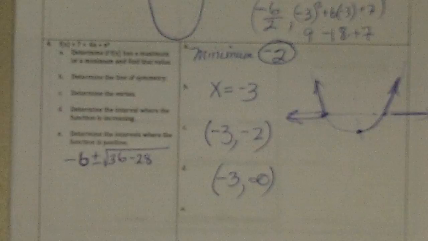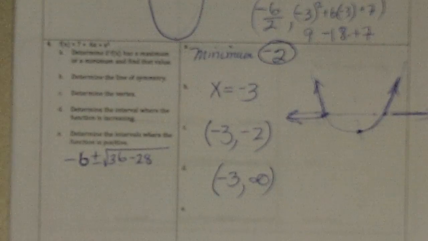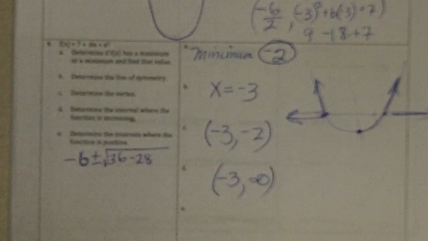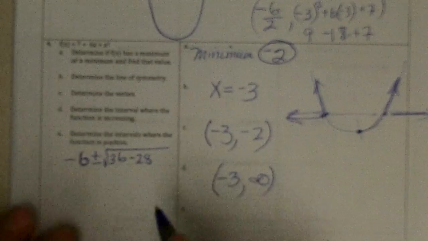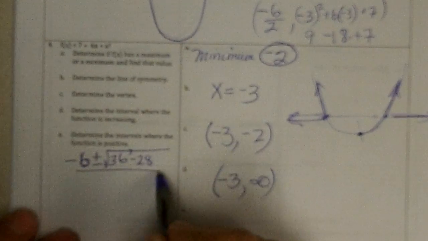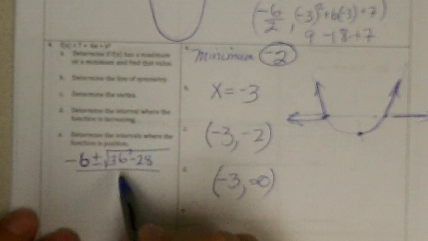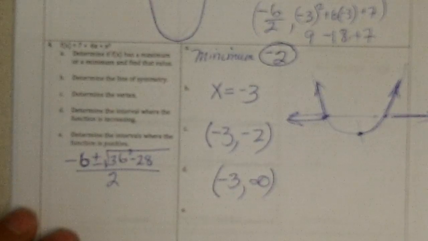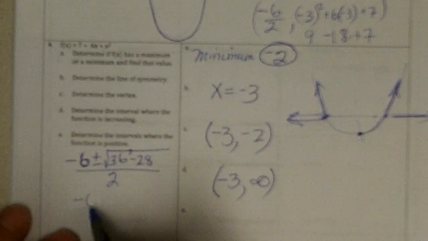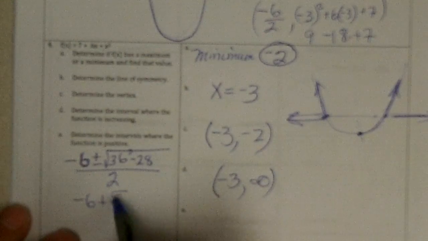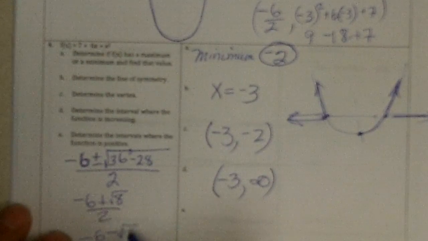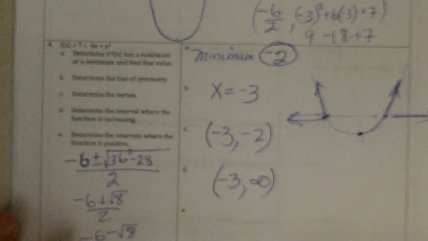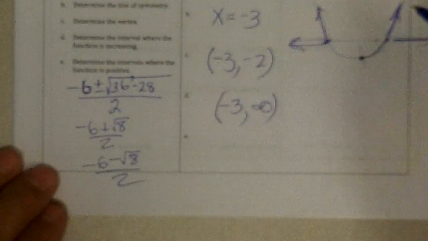Just checking my answer here. There it is. So that's going to be plus 8 in here. Oh, and this is all over 2 times a, which is 1. So I get negative 6 plus the square root of 8 over 2 and negative 6 minus the square root of 8 over 2 are the two x-intercepts.